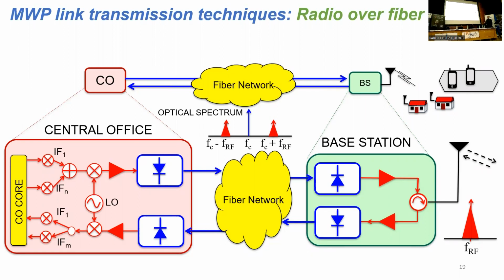It is the photodiode or the receiver that is going to do all the conversion that is required, and therefore you can transmit on radio directly. So the base station is very simple. And all the complication goes into the central office, which is good because you want the expensive equipment to be in the central office, not in the base station.